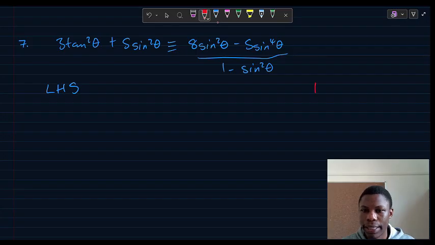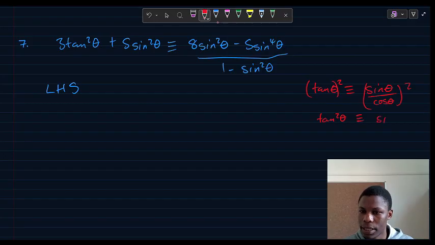So we know the identity tan theta is identical to sine theta over cos theta. If I square both sides, I have that tan squared theta is identical to sine squared theta over cos squared theta, right? Because I'm just distributing the power 2.